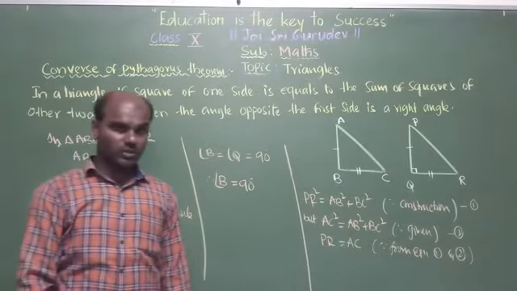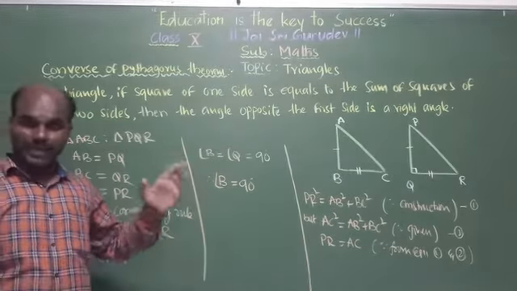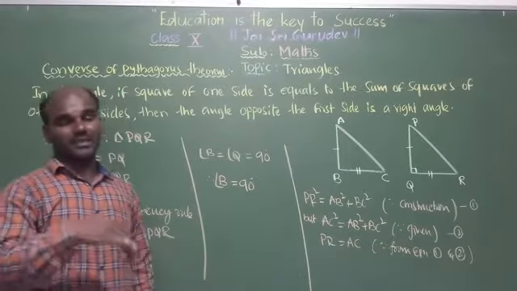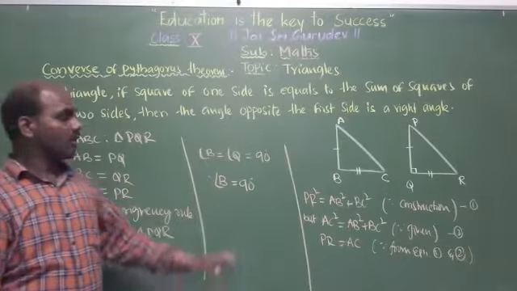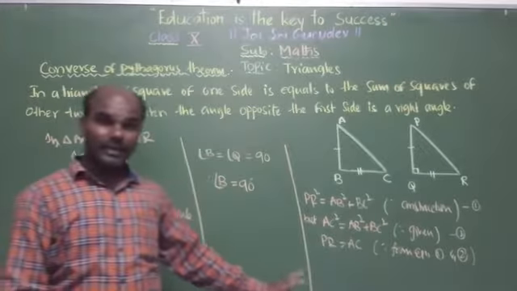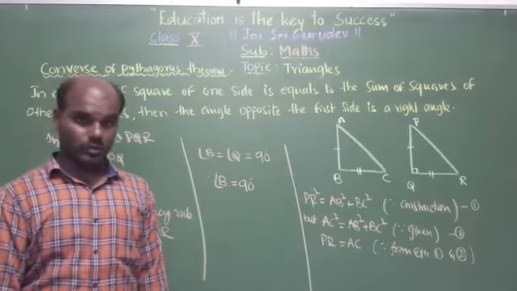You should understand now what to apply. In a right angle triangle only, Pythagoras theorem is applied: the square of the hypotenuse is equal to the sum of the squares of the other two sides.